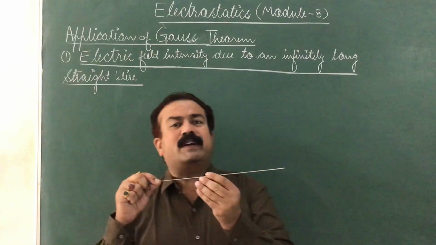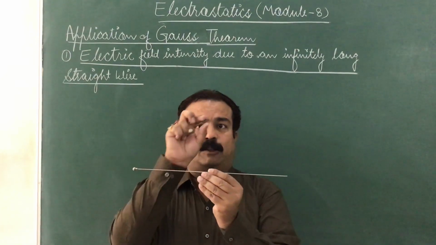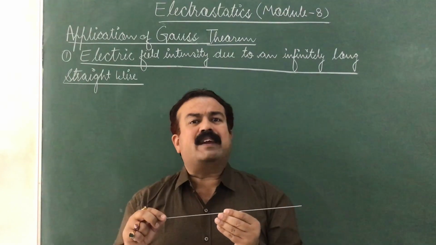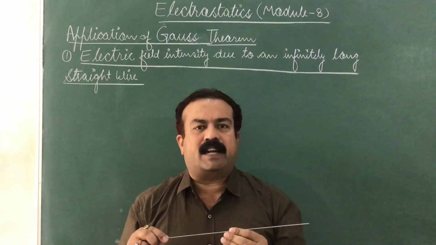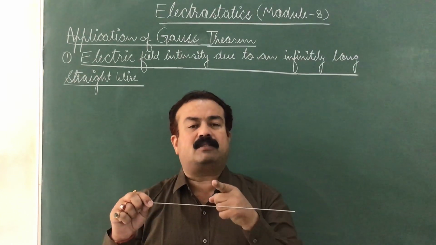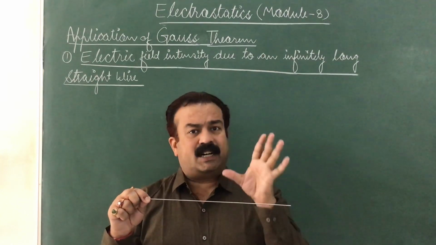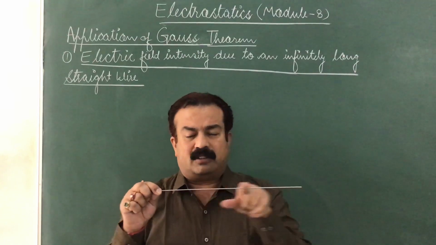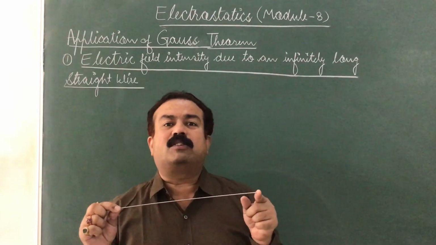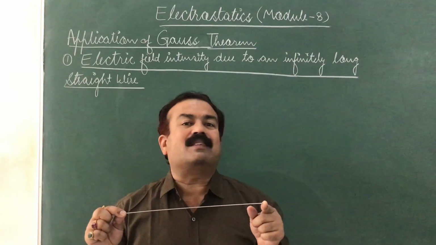So if we want to find out electric field intensity at this point maybe, or at this point maybe, firstly we have to consider the symmetrical shape closed boundary around this wire. Charge is present on this wire on this length only. I have already told you the area of cross section is approximately 0, you can say negligible.